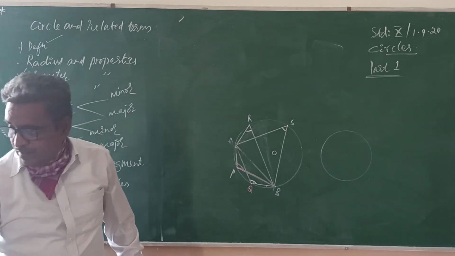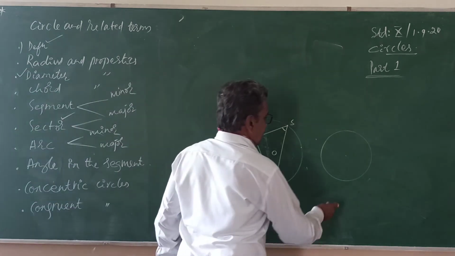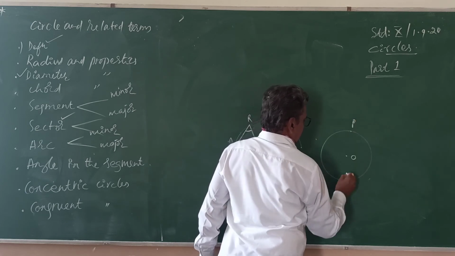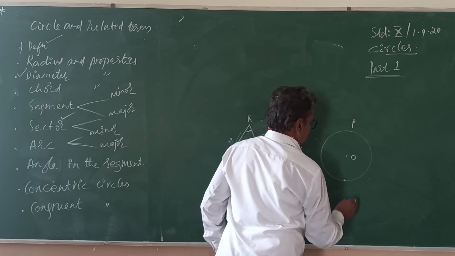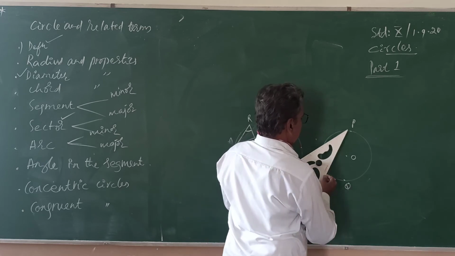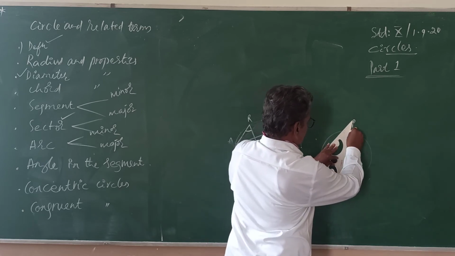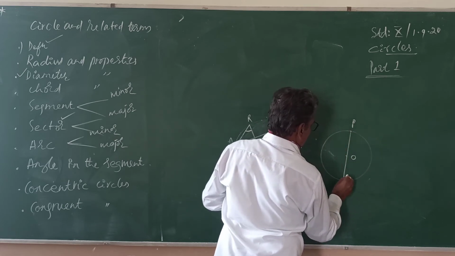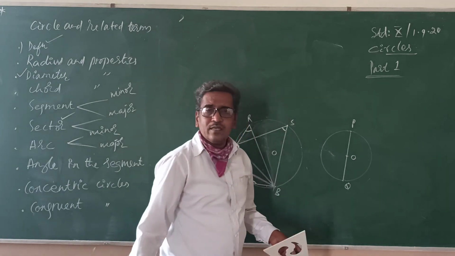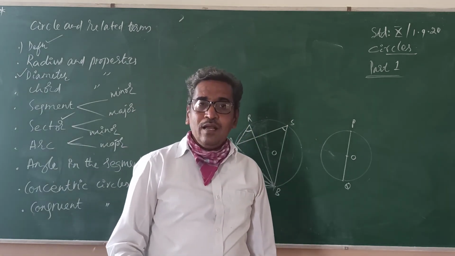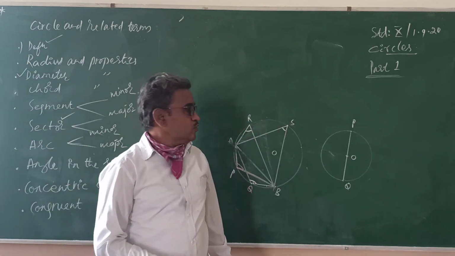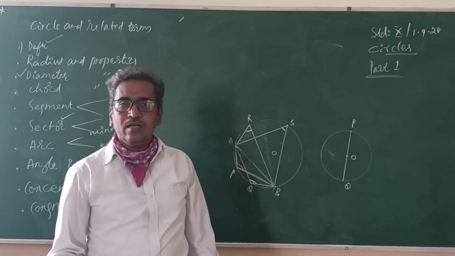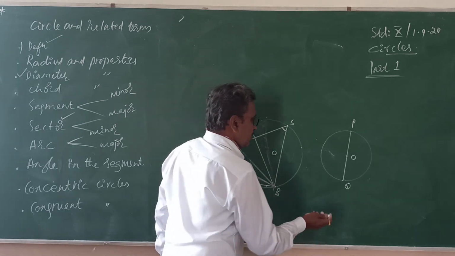Angle in the semicircle. PQ is the diameter. The diameter divides the circle into two equal parts, and each part is called a semicircle or semi-segment.